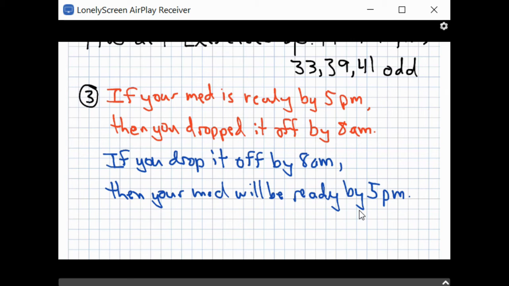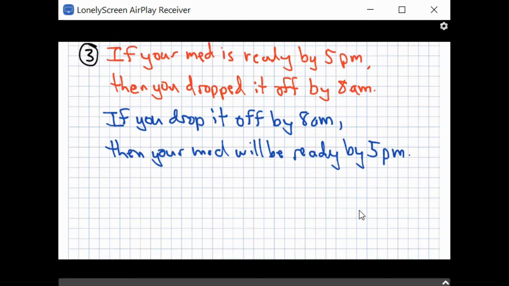Now it doesn't ask, there's no way to evaluate this or anything else. So we're just practicing splitting them.